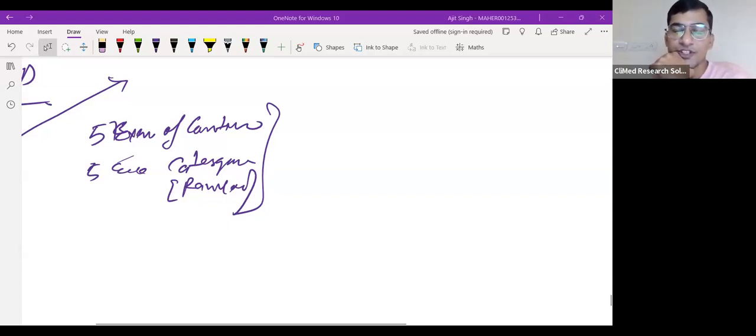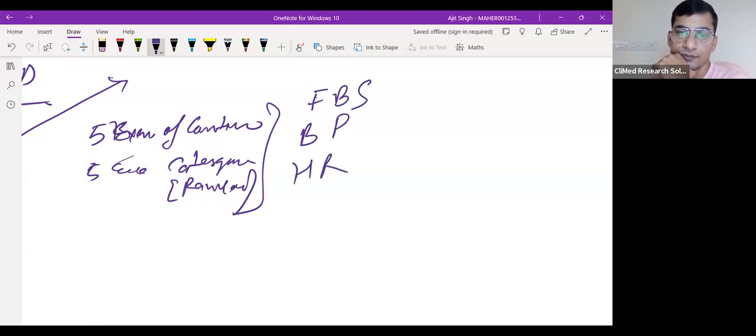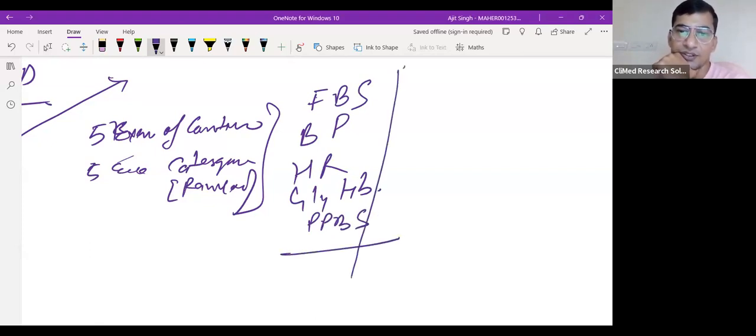See, if I'm talking about these patients only, look at what I'm writing now. Any investigation, okay. FBS, if I tell, it could be 10 also, it could be 500 also.